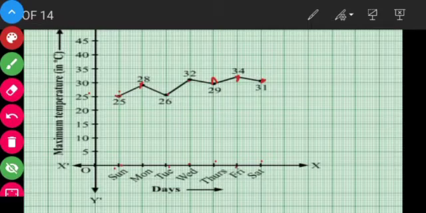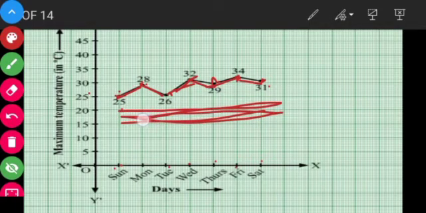Okay, so now you have found all the points. Now join all the points. So this is your required line graph. Understand?